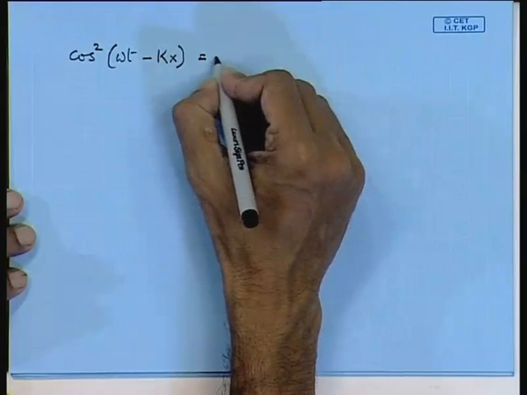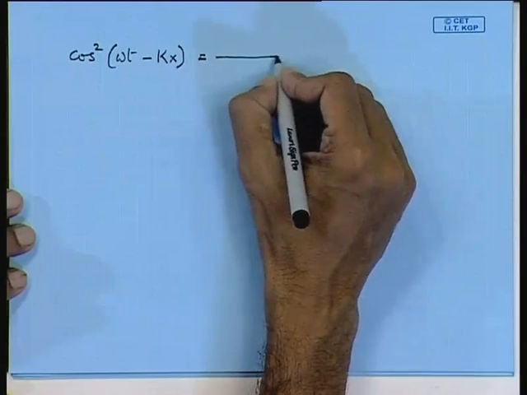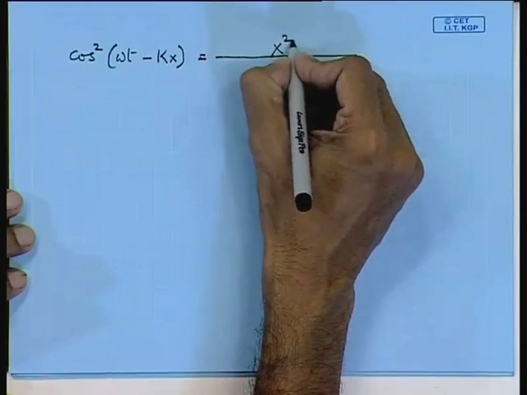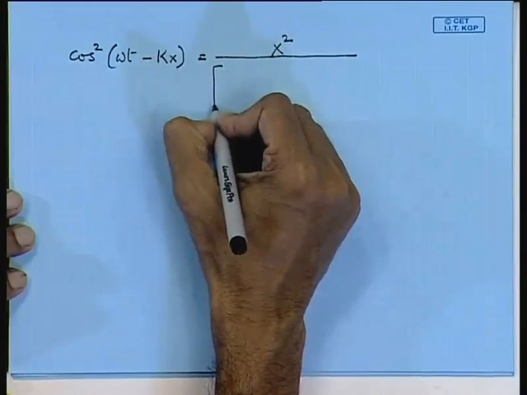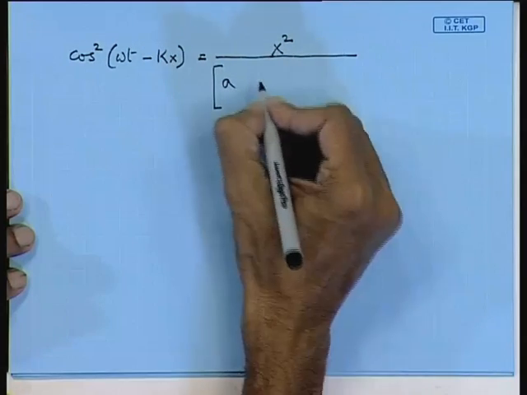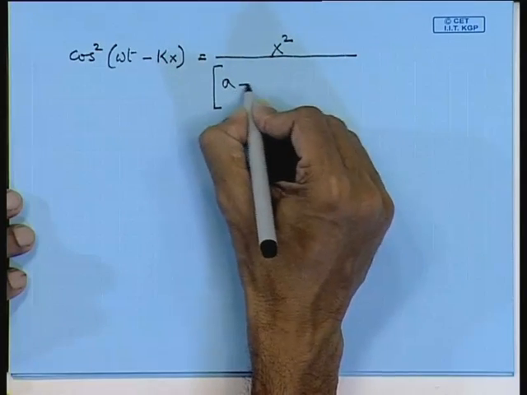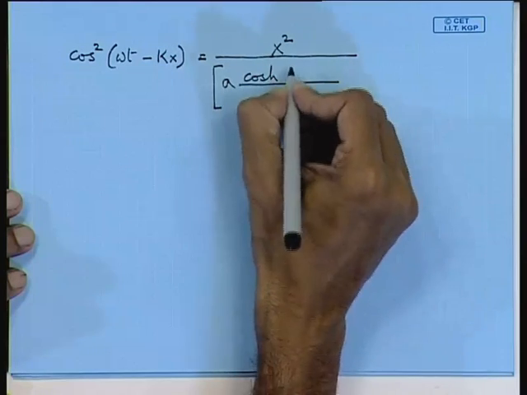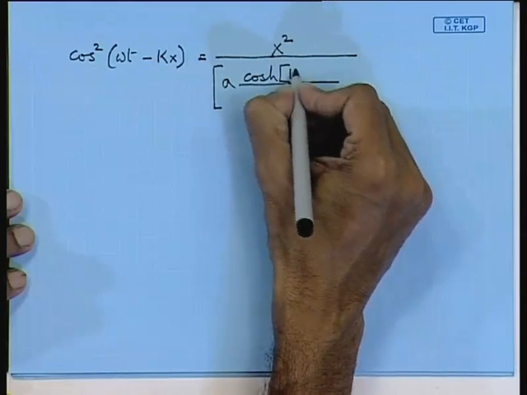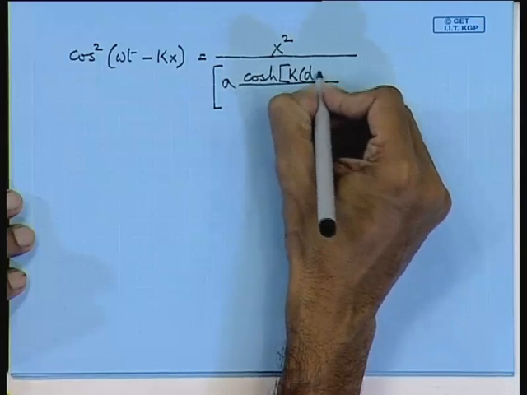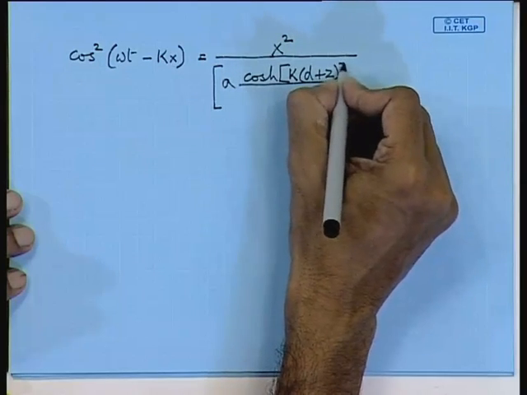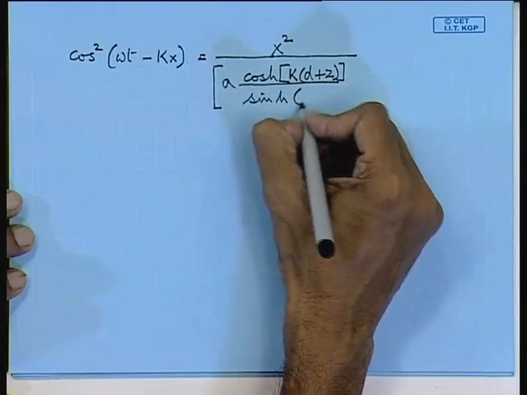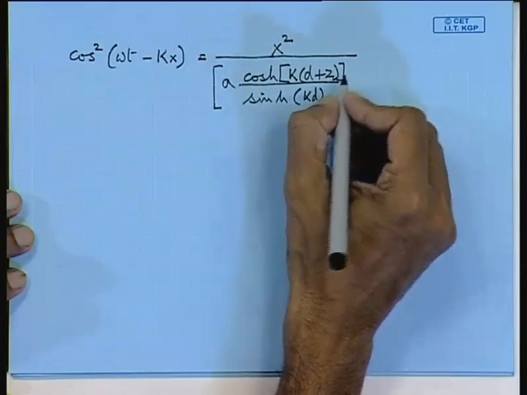That is equal to, k(d plus z), over sinh kd, squared.